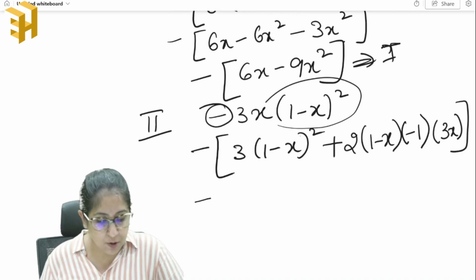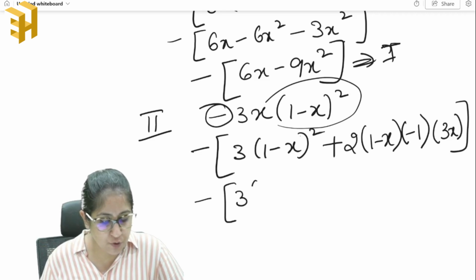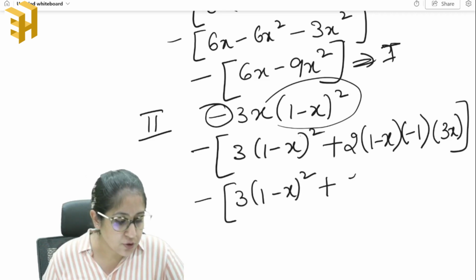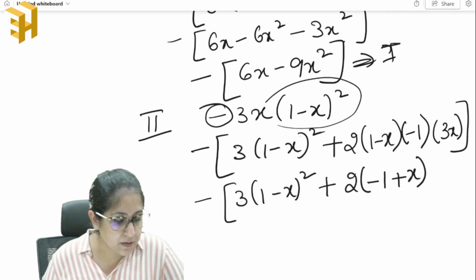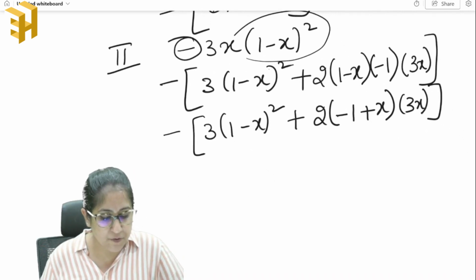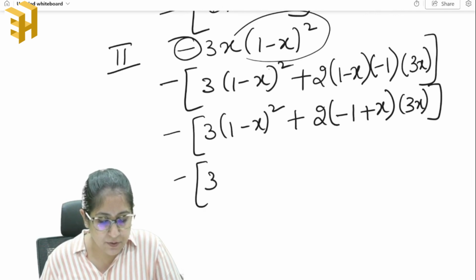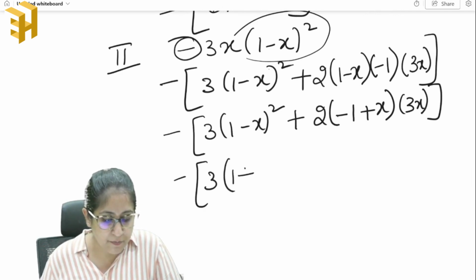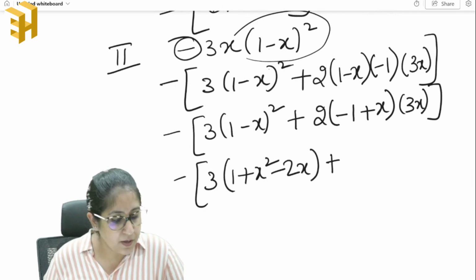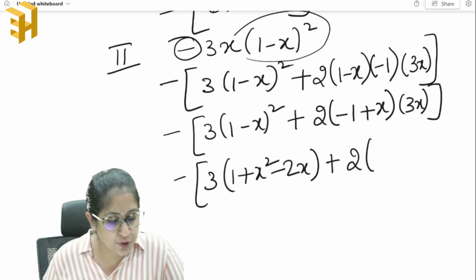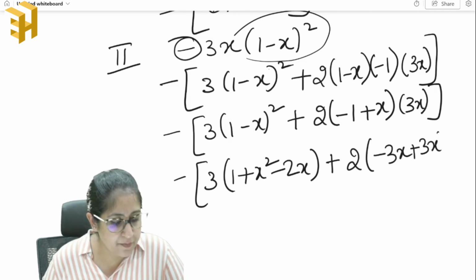Okay, so let's solve this. We get 3 into 1 minus x the whole square plus 2 into minus 1 plus x into 3x, right? Solving it further, we get minus 3 into 1 plus x square minus 2x plus 2 into minus 3x plus 3x square.